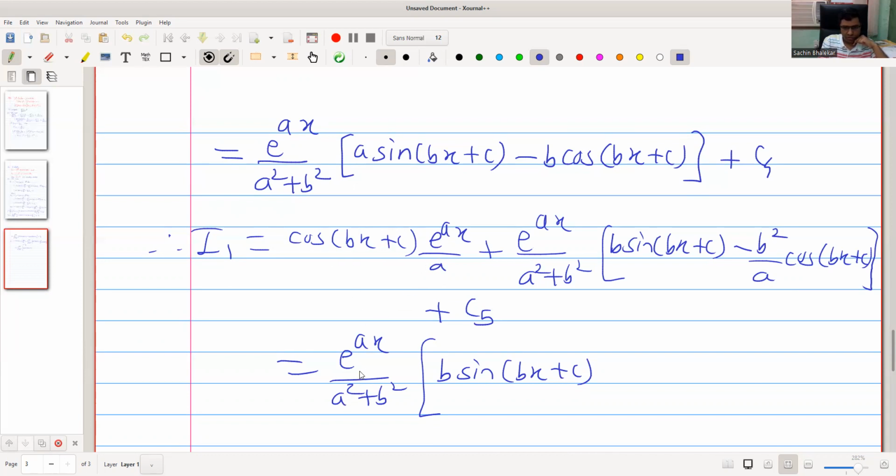Okay, we are taking this term common, so it is (a square plus b square) upon a, and this is minus b square upon a, so it is a square upon a, simply a, plus a into cos(bx + c).